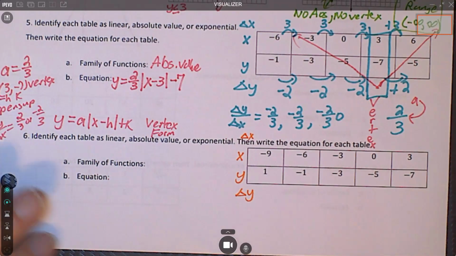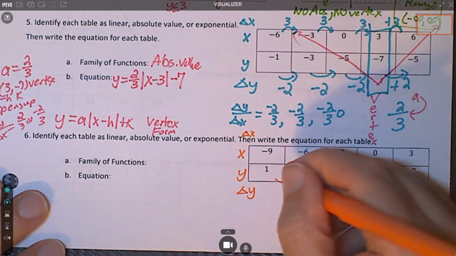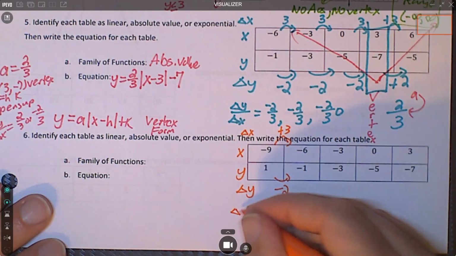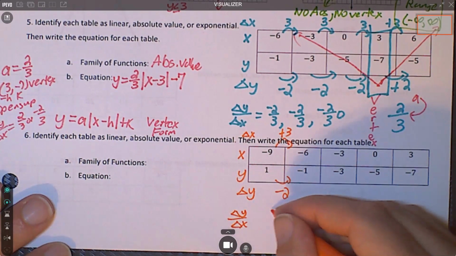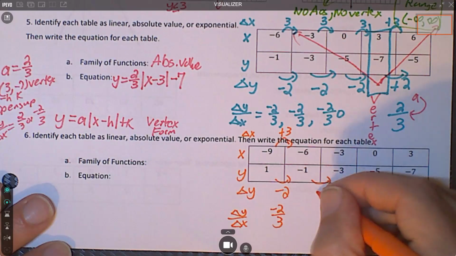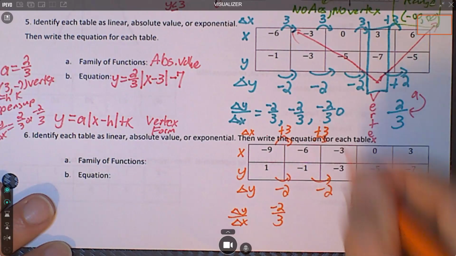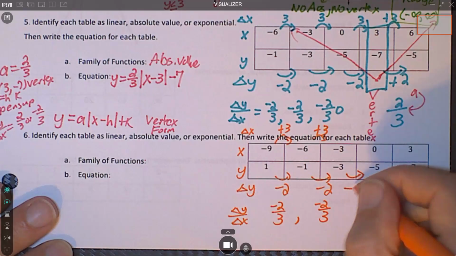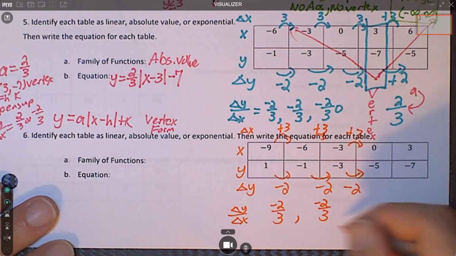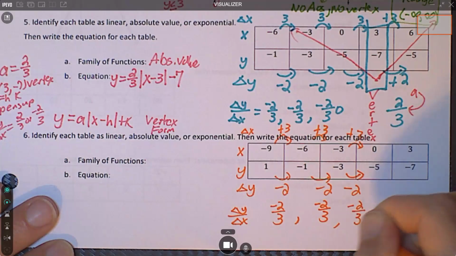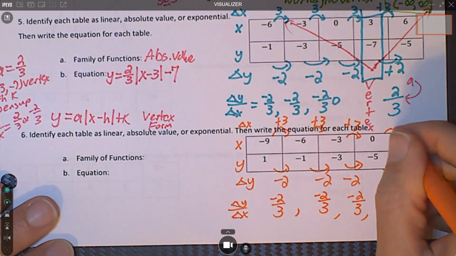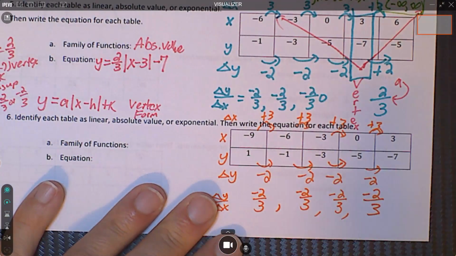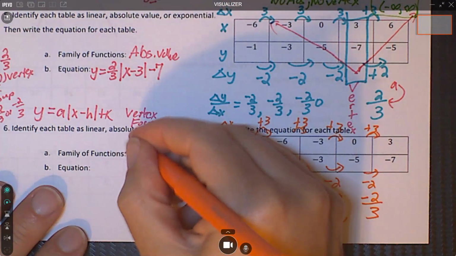Change in y over change in x, we're going to see if it's constant. Down to up 3. Okay, so the slope is linear.